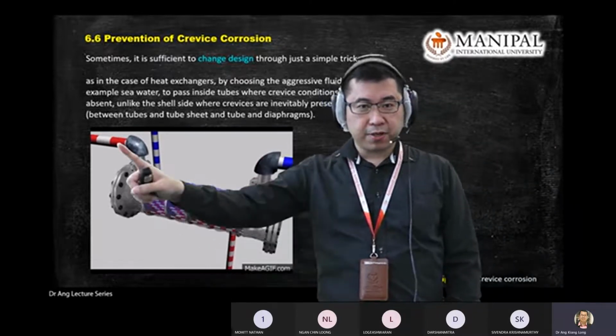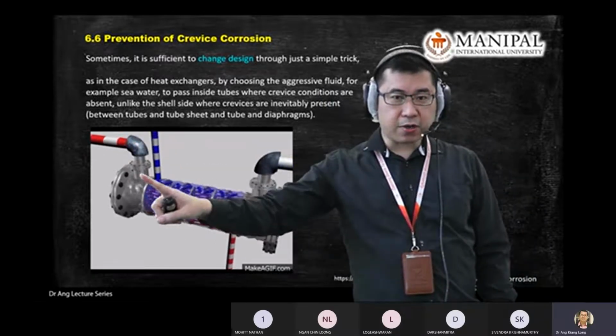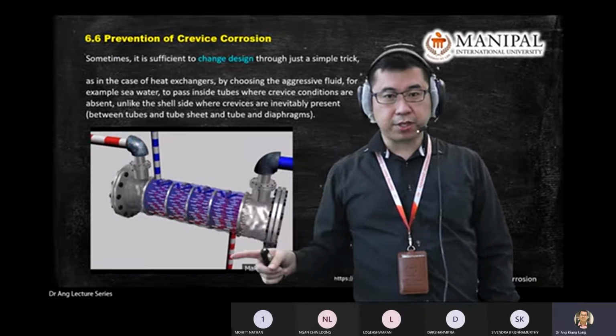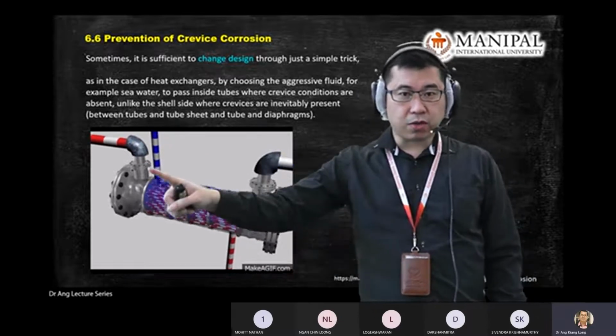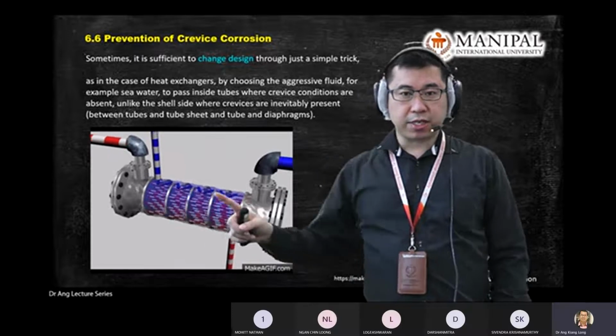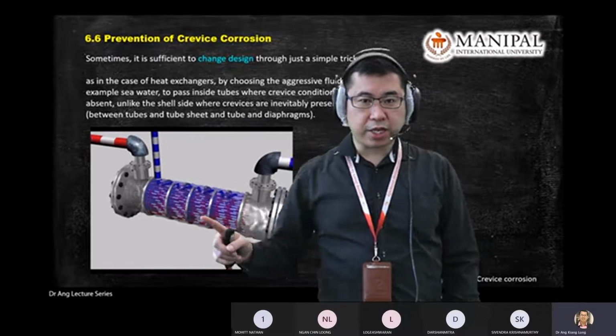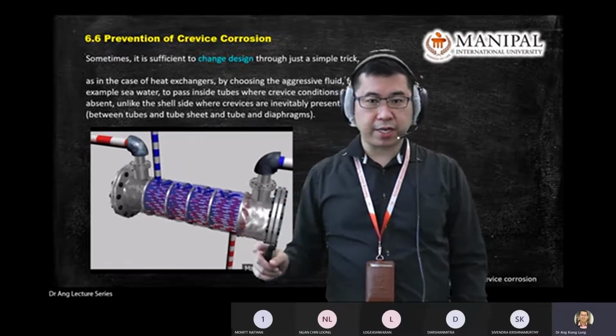For example, this is the heat exchanger, and the red one is the hot air with its high temperature. The blue one is the cold water to cool down the heat exchanger, to have the exchange of heat over here.